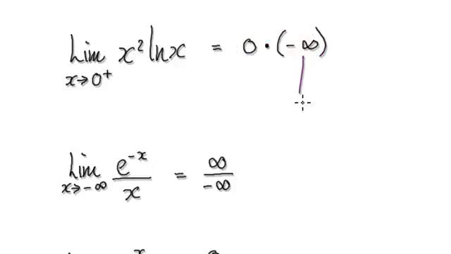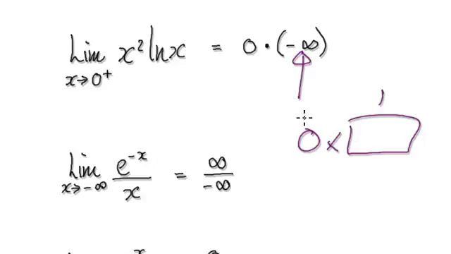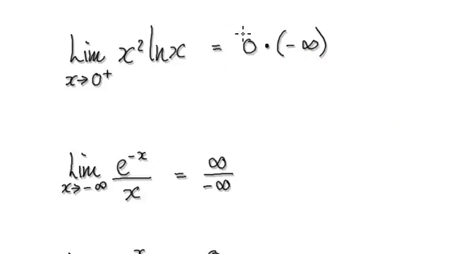If you have a very, very small number times a very, very big number, it's hard to tell which one would win. This one's heading towards 0, this one's heading towards infinity or negative infinity. You can't really determine which one is going to win. So this here is another example of an indeterminate form.